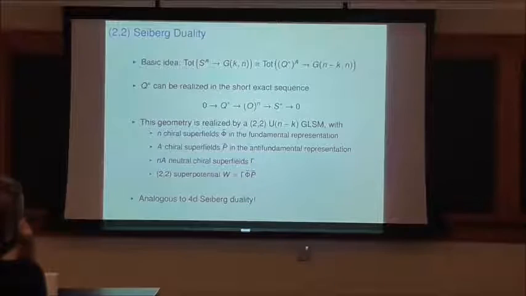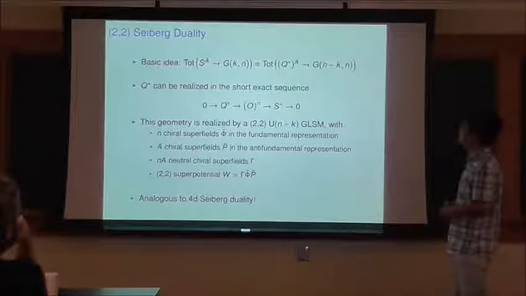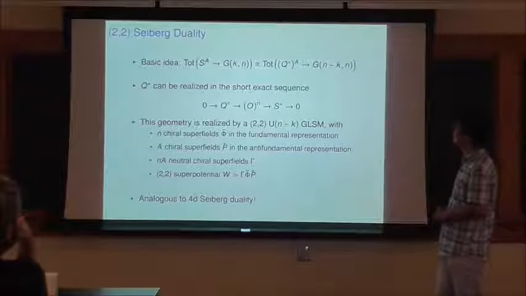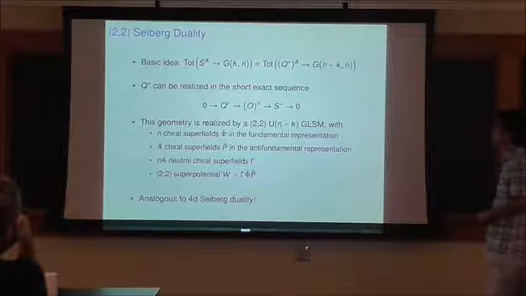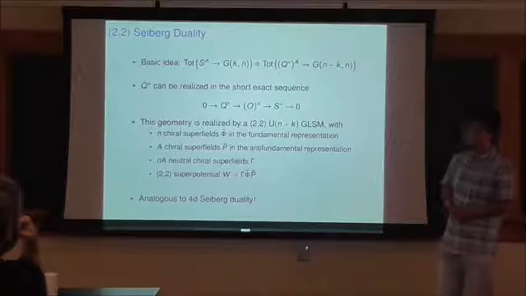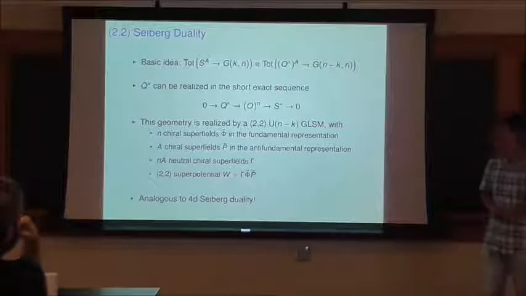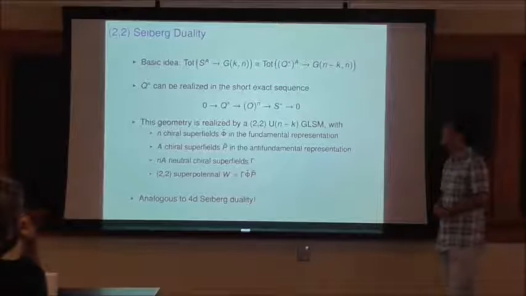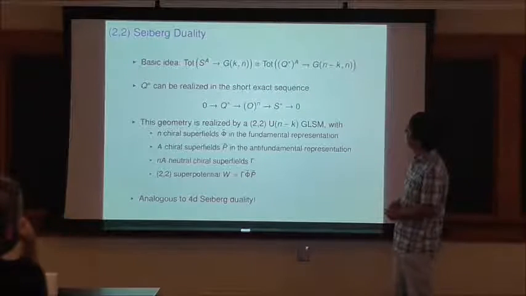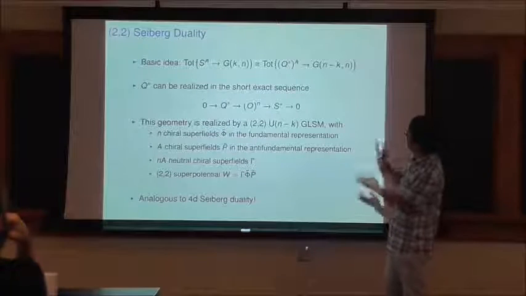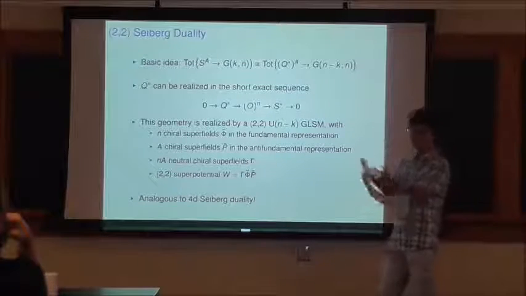The basic idea we use to analyze duality is to use this mathematical identity. We know that G(k,n) is exactly the same as G(n-k,n). And you can see this directly from the definition of the Grassmannian, just interchanging the factors. But under this interchanging of base space, the interpretation of the bundle also changes.